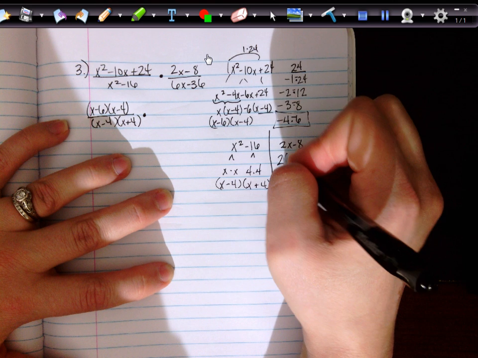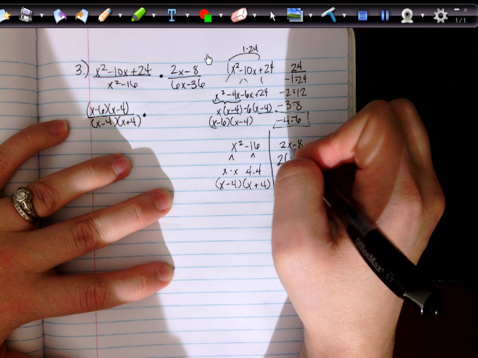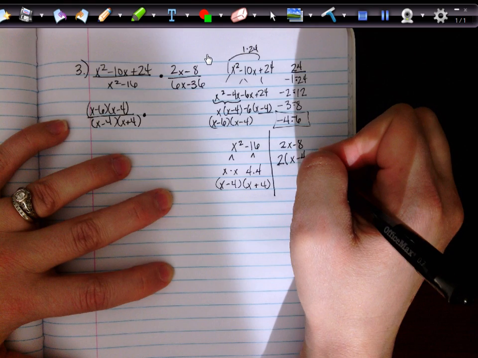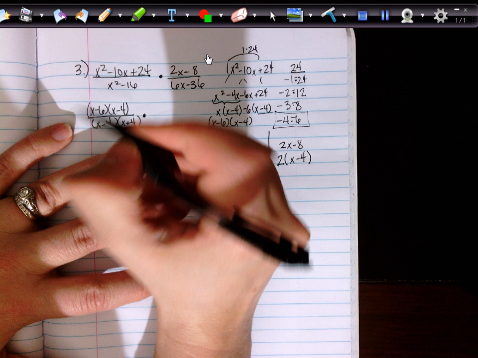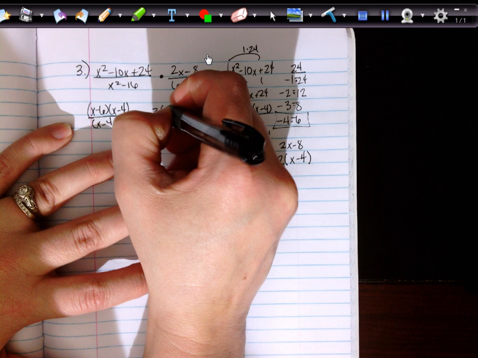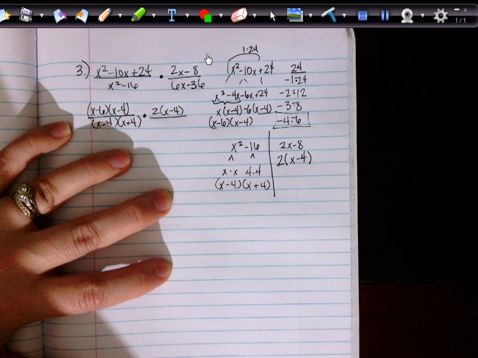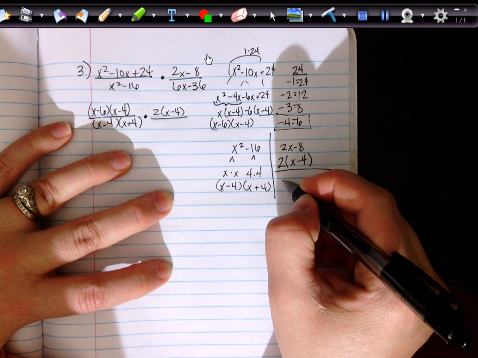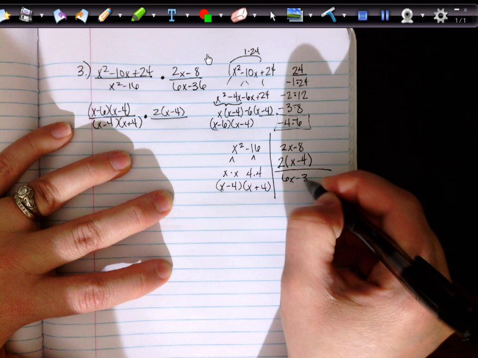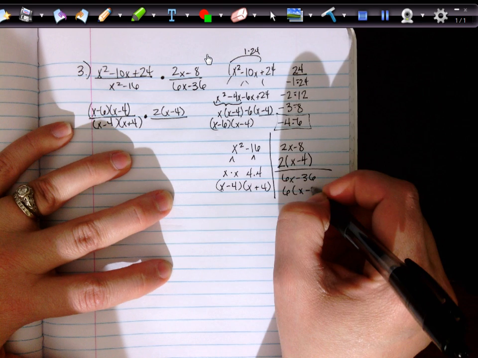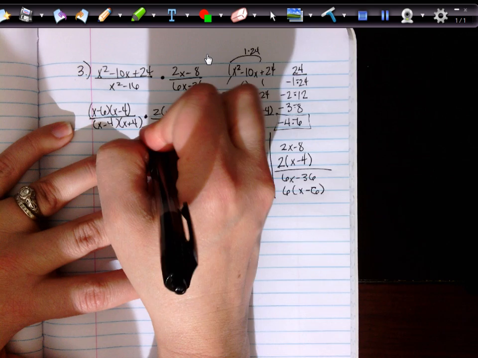So 2 divided by 2 leaves me with 1, so I just have my x left, and then negative 8 divided by 2 leaves me with negative 4. So 2 times x minus 4 is going to be my numerator, and then here I'm going to do the exact same thing with 6x minus 36. My GCF is 6. I'm going to factor out that 6, and it's going to leave me with x minus 6.